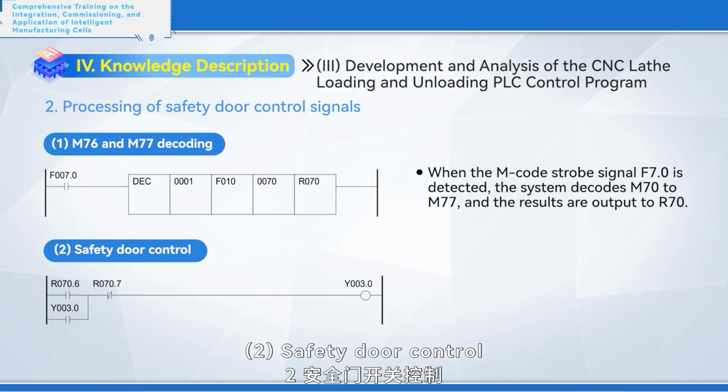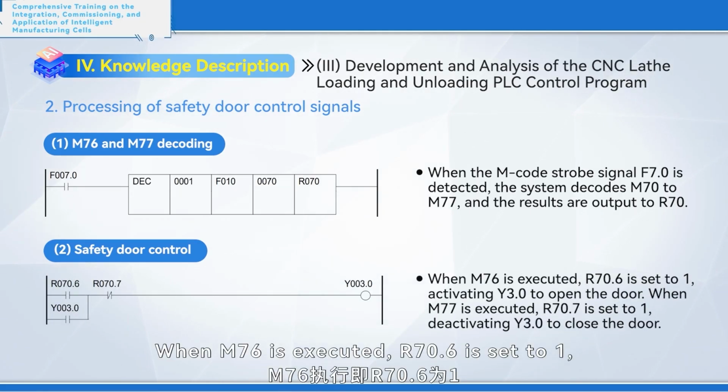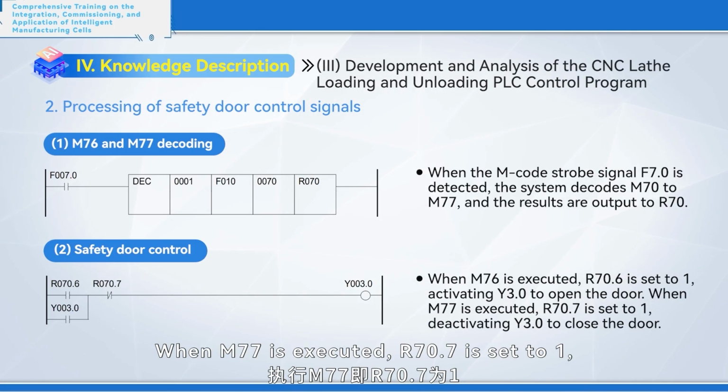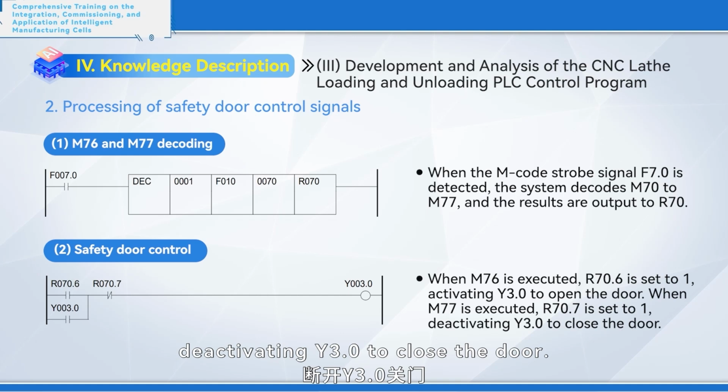Safety door control. When M76 is executed, R70.6 is set to 1, activating Y3.0 to open the door. When M77 is executed, R70.7 is set to 1, deactivating Y3.0 to close the door.